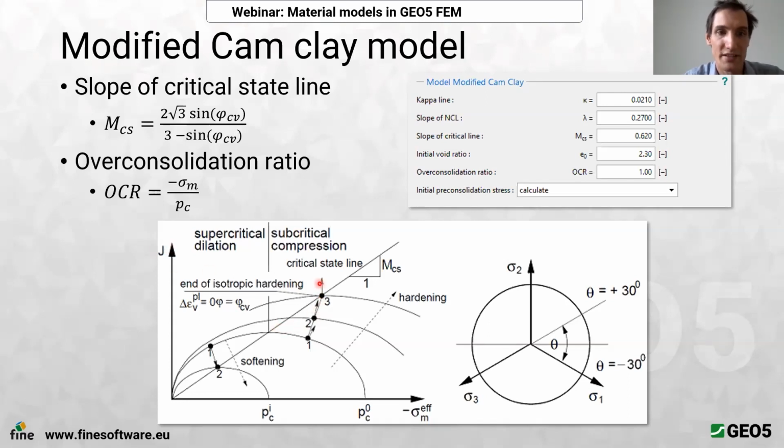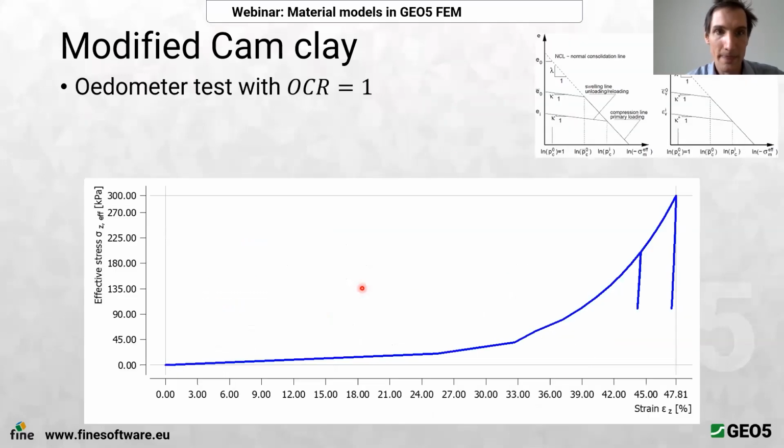So there is hardening of the material. Okay. So this is just some simulation done with the modified Cam clay model with OCR equal to 1. You can see that the response is non-linear over here. Some unloading, reloading, again unloading.